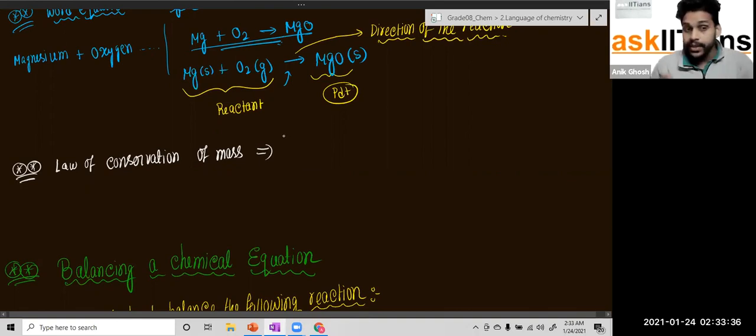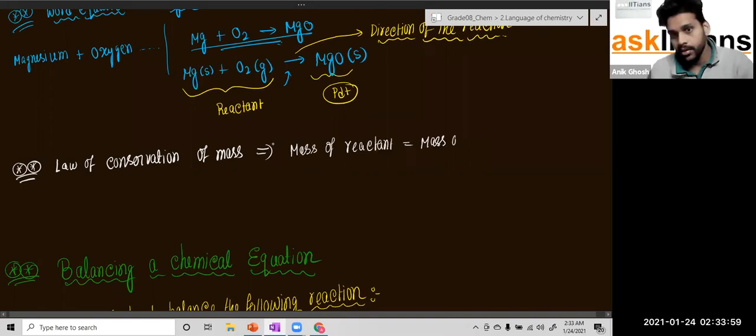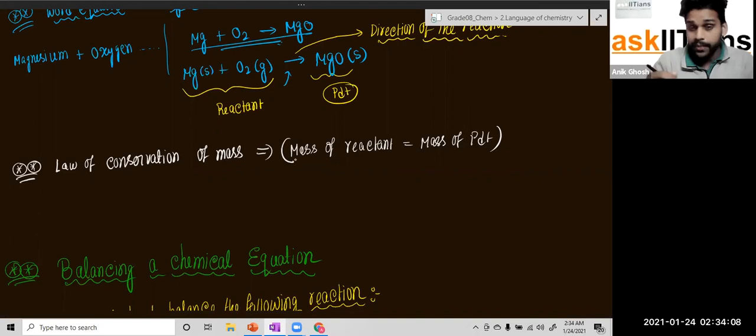So to maintain that, we need to balance the chemical reaction, because the mass of the reactant should be equal to the mass of the product, isn't it? Only if they are equal is the law of conservation of mass satisfied, right? So that is the main target behind it.